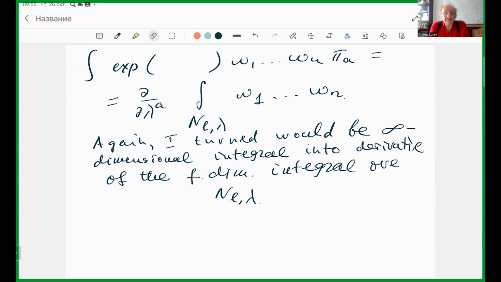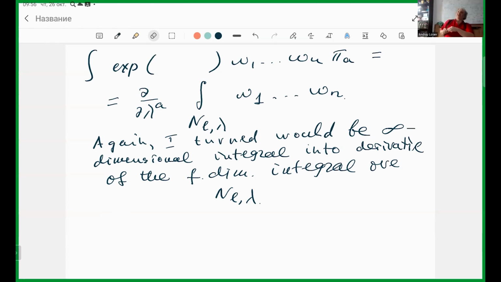Tim, is it clear what the trick was? So just differentiation with respect to what stands in the exponent, but in a careful manner, right?